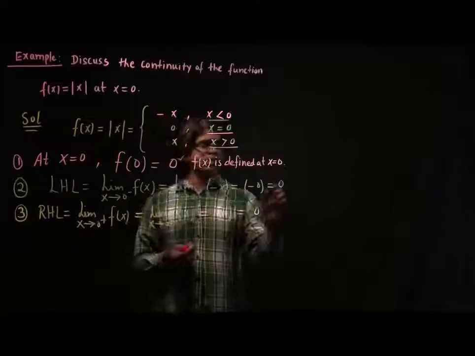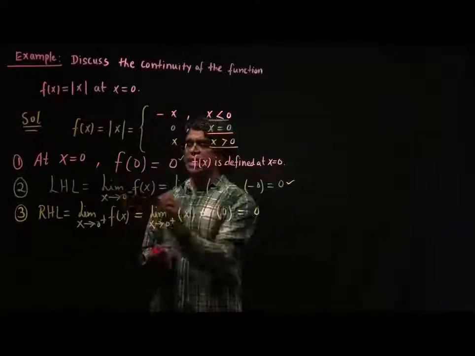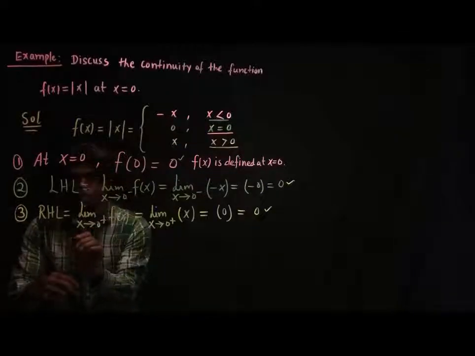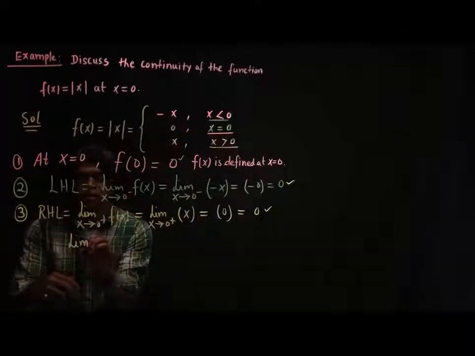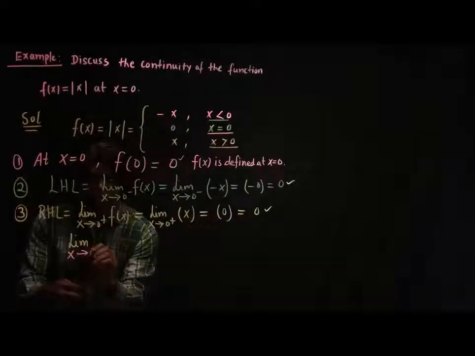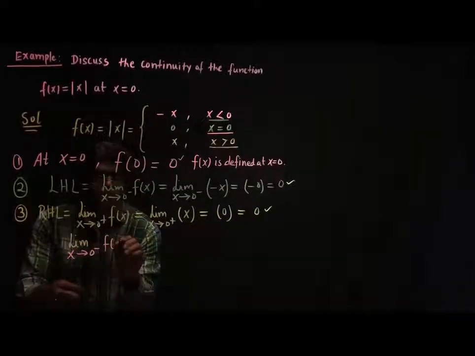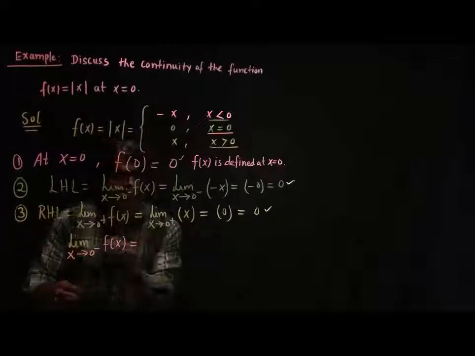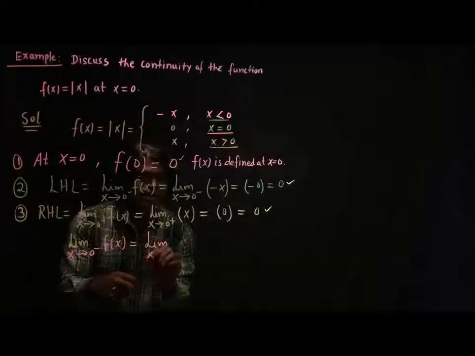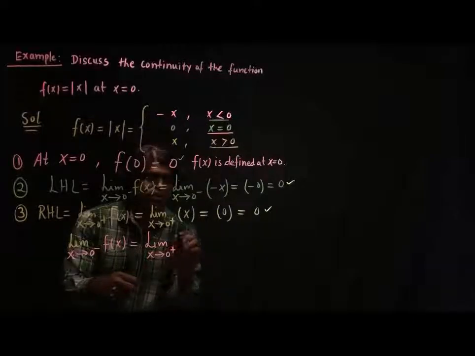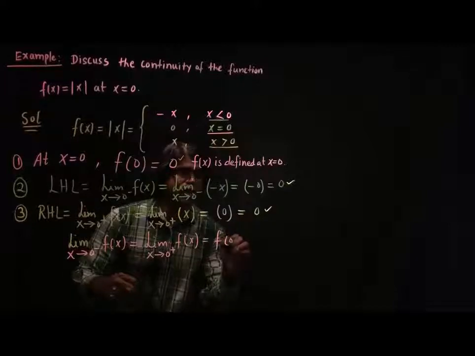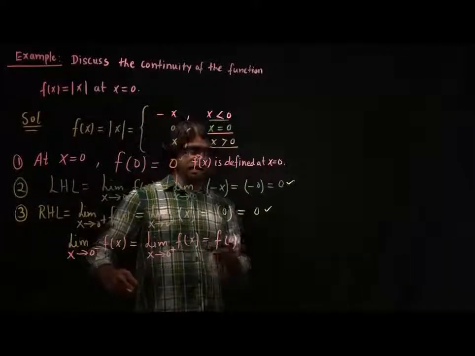So as you can see, the value of the function at x equals 0 is 0 right here. The left-hand limit is also 0, and the right-hand limit is also 0. So we can write that the limit as x tends to 0 minus of f(x), the left-hand limit, is equal to the right-hand limit of the function, and that is equal to the value of the function, which is f(0).